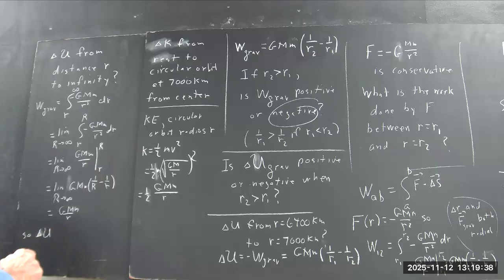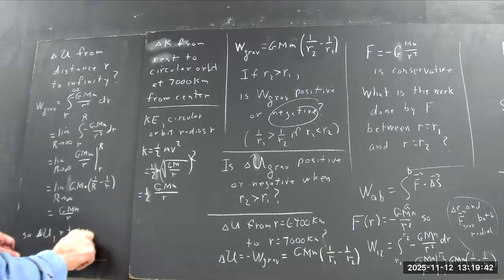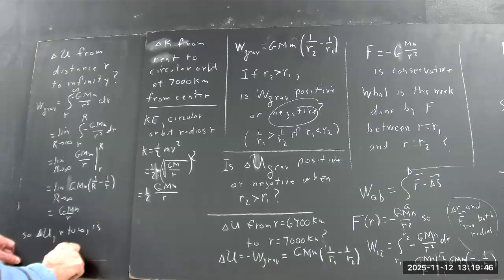Delta U from r to infinity is negative big G big M little m over r. And here's another place where we're approximating, because infinity is not a real size, so we're approximating so that our math will work.